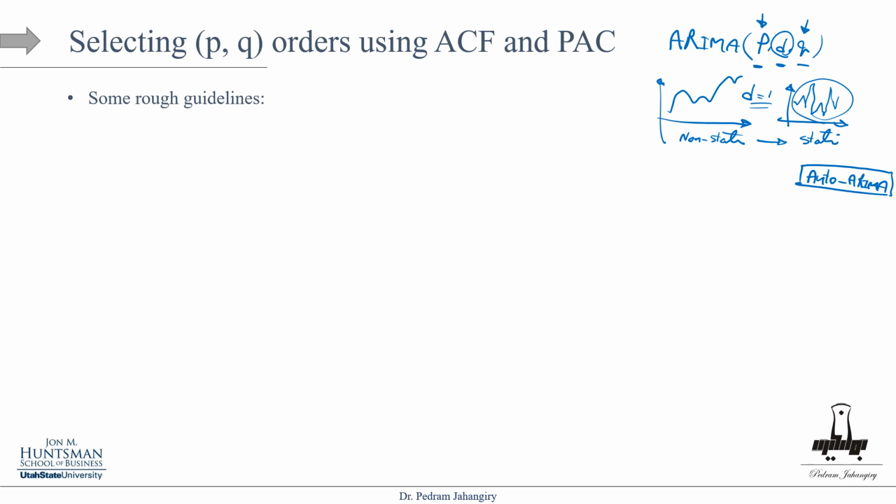At the end of the day, you're minimizing a cost function. What combination of these pdq is going to give you that? So you can basically rely on those numbers as well.